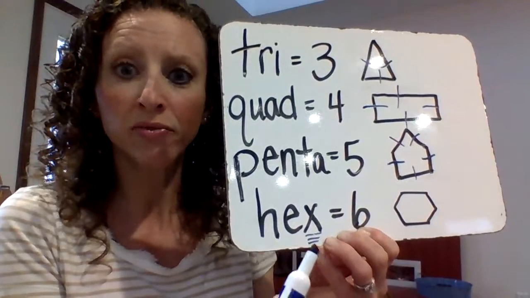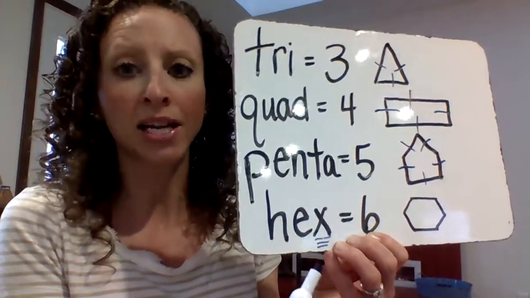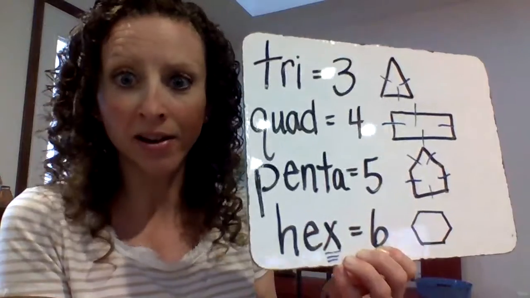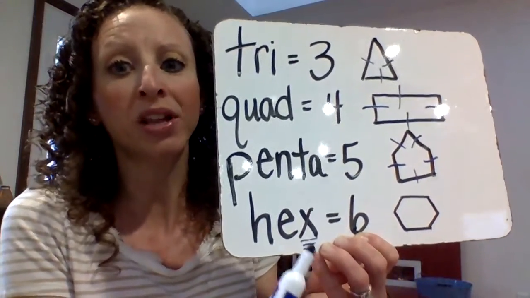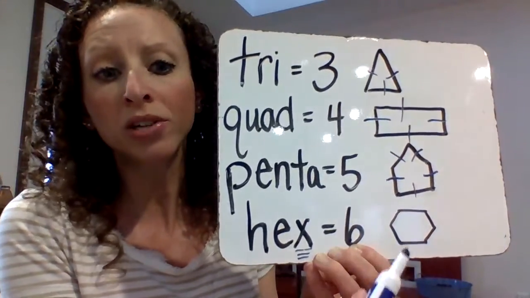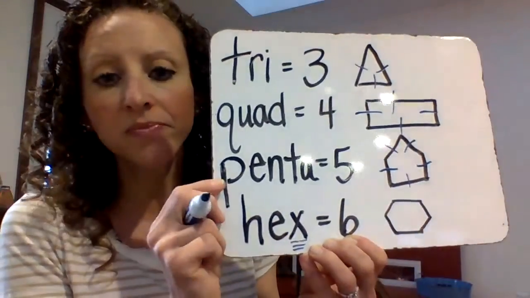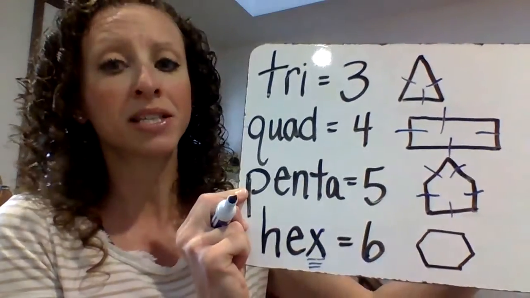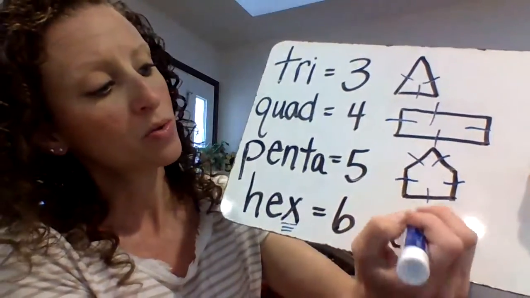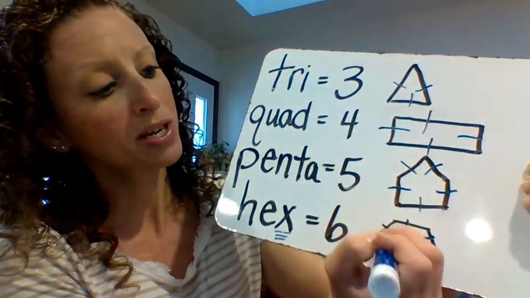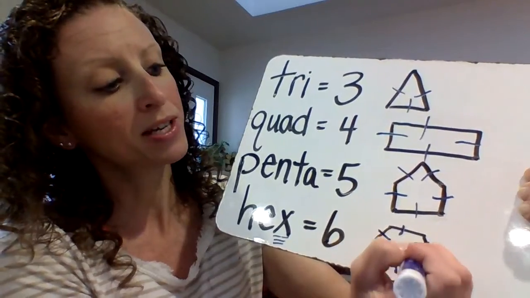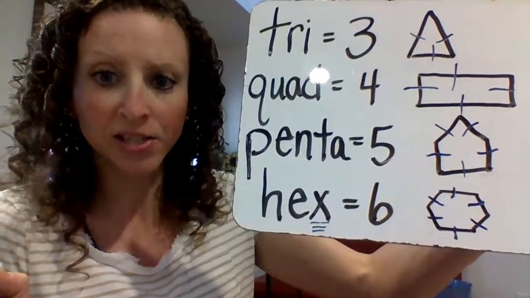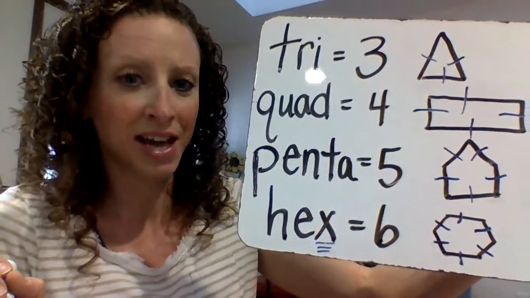Whenever you look at a figure and it has 6 sides, you're going to go, oh, a hexagon has 6 sides because they both have the letter X. So when I look at this shape over here, I'm going to count the sides, and it should have 6 because it's a hexagon. 1, 2, 3, 4, 5, 6. A hexagon has 6 sides.